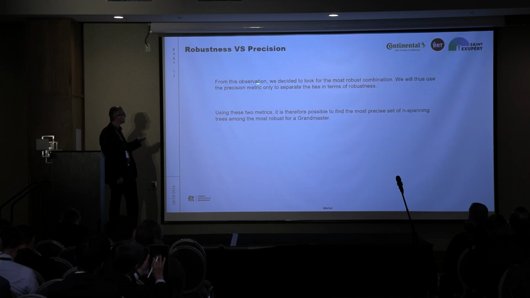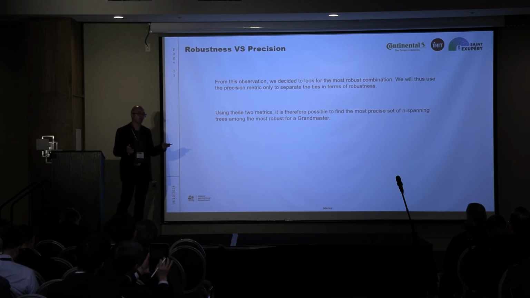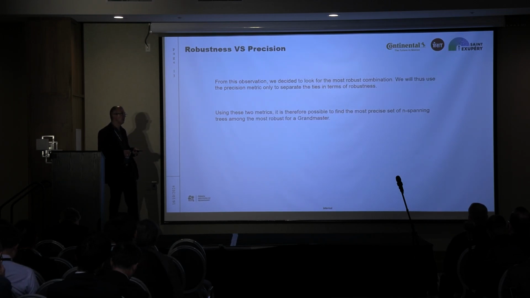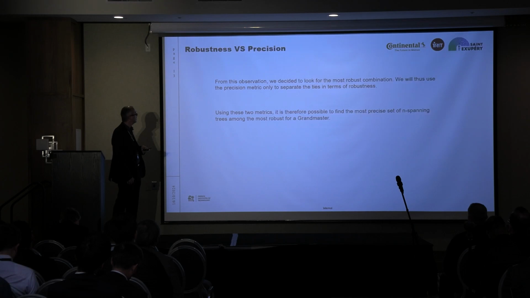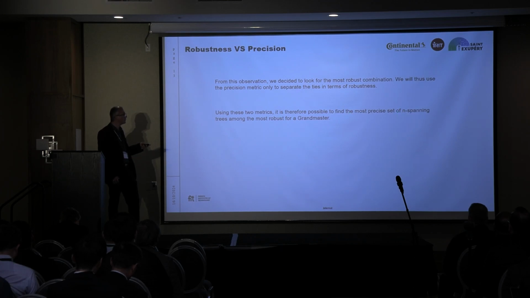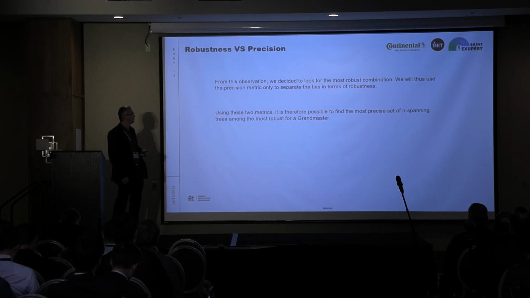So if we have a robustness score which is similar for a couple of trees, we try to resolve those ties by looking at the precision metric score. So basically, what we initially said, with these two metrics, it is therefore possible to find the most precise of the most robust spanning trees for a Grandmaster.